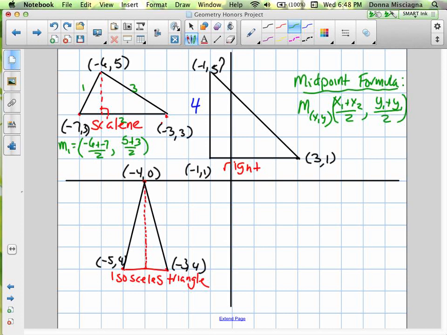All right, so -6 plus -7 is -13, so that is -13 halves. And 5 plus 3 is 8, so that's 8 halves. And I don't have a lot of space. 8 halves is just 4. So I'm just going to make that 4.